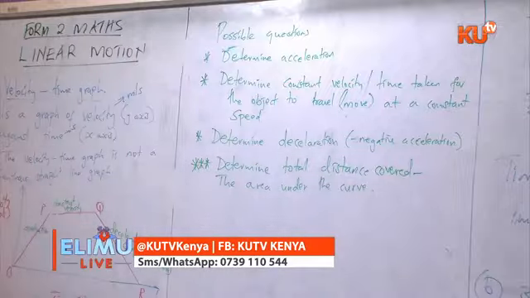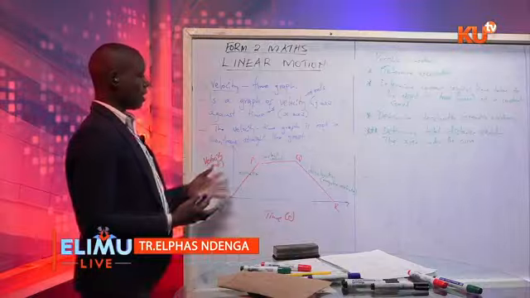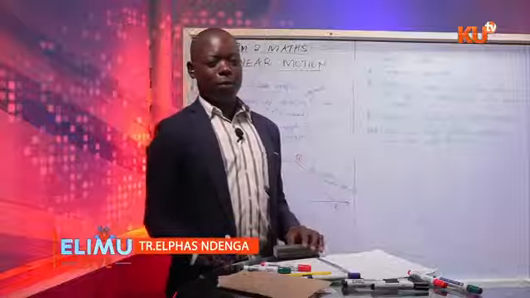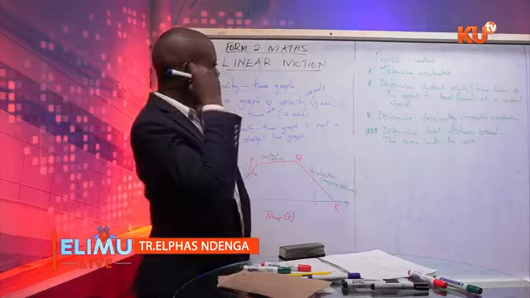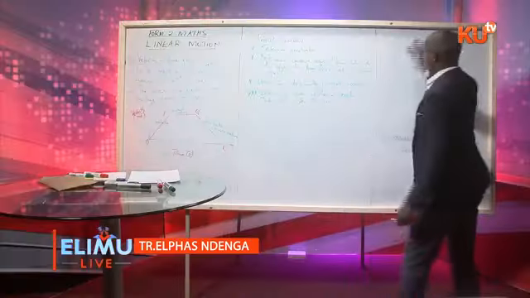If you understand those areas, then you'll be able to work out questions on the velocity time graph. And they are very good graphs because they prepare you for what you shall be doing in Form 4 and some years to come in calculus. So let's look at one question on this, and then we conclude our lesson.